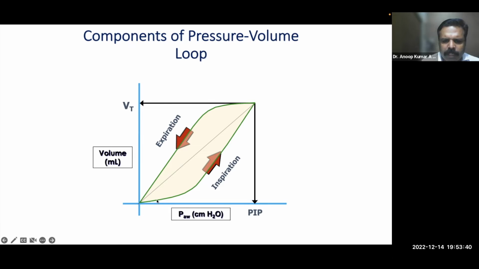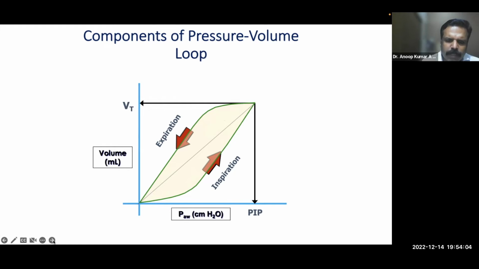So what will happen if the airway pressures are going high? The curve will lean towards the pressure part. Or if the volume is decreasing because of the resistance, etc., it will move towards this side. So that is the basic thing about the PV loop.